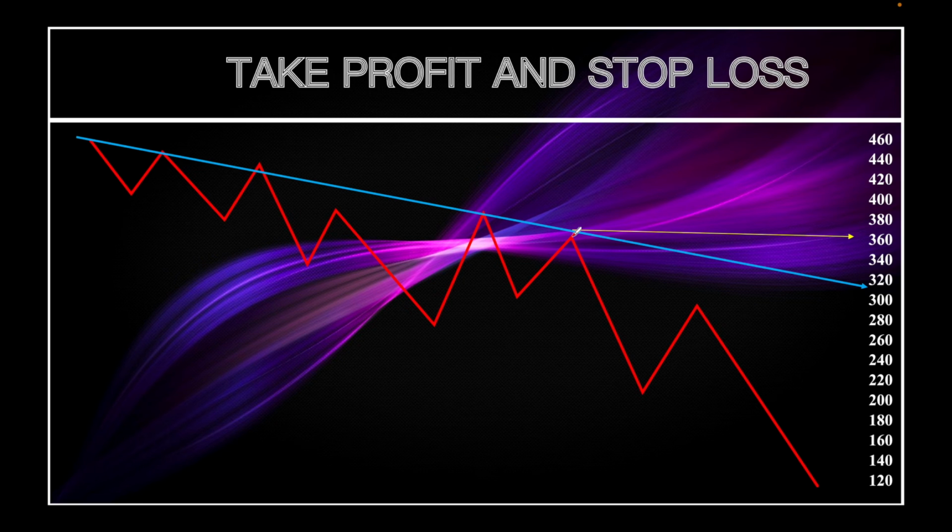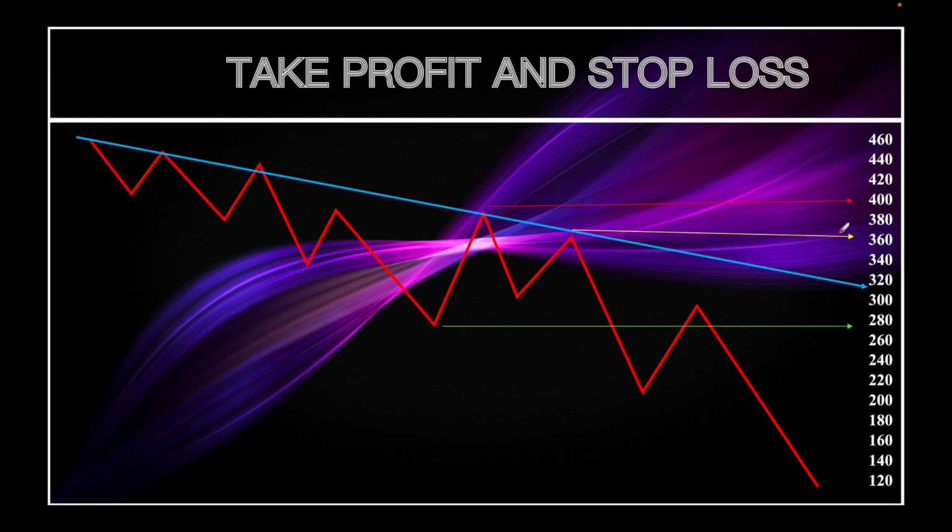I can take the price, which is 360, place my TP at the previous low, which is around 280 or so, then place my stop loss at the previous high, which is 400, and that's all. Then I will allow my trade to run to take profit.